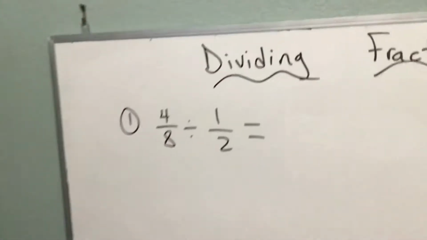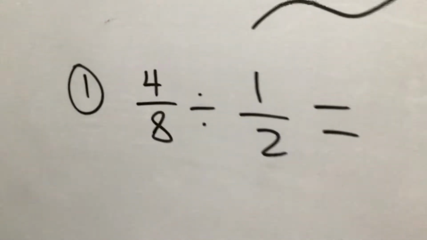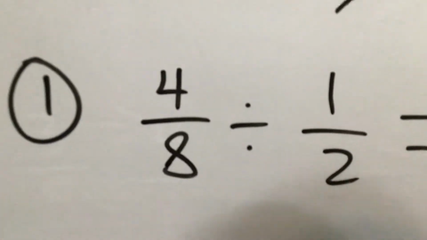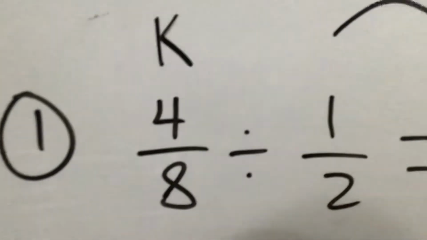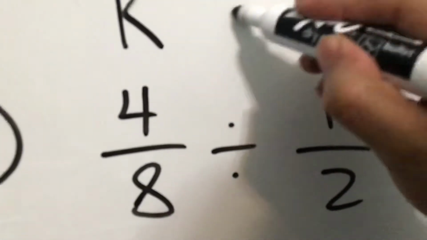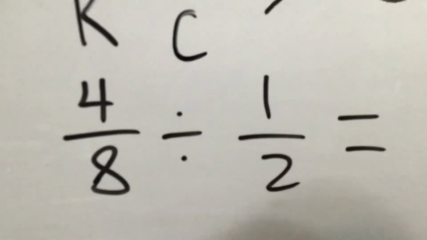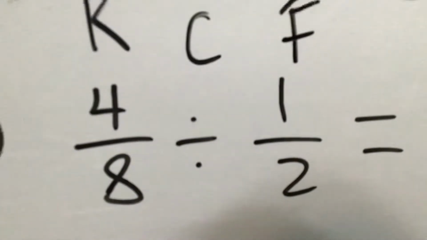So right here in example number 1, we have 4/8 divided by 1/2. The first fraction, we call it our keep. Our operation, which is division, we call it our change. And our 1/2 is going to be our reciprocal, which is our flip.